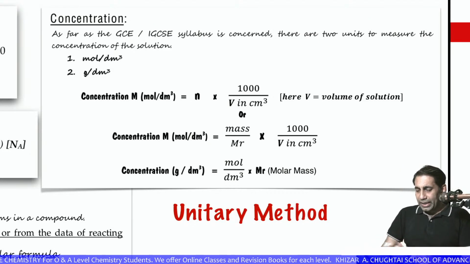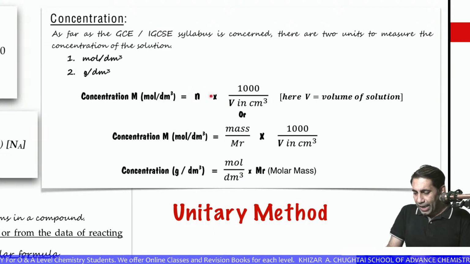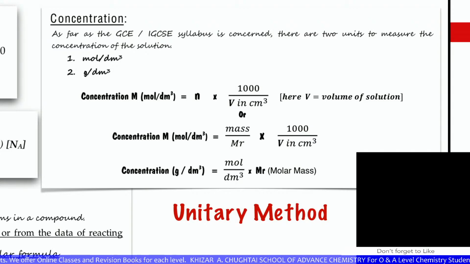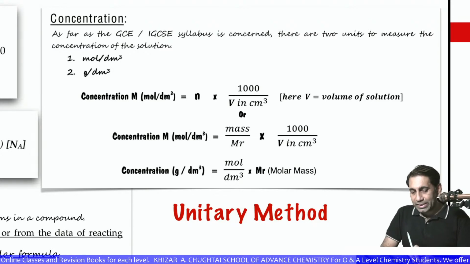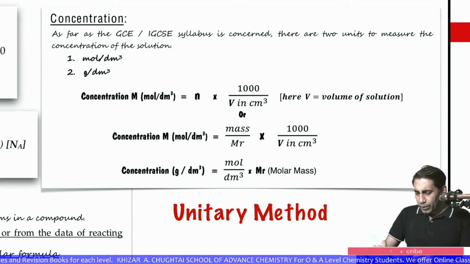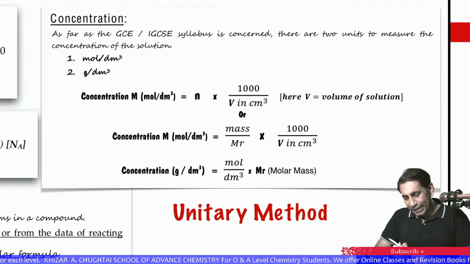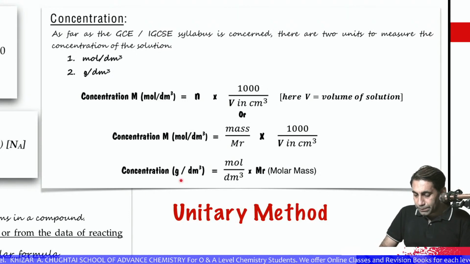The second one is, I'm going to expand the number of moles, N, which is equal to mass over Mr, into 1000 over V, where the volume is in centimeter cube. And the last one, you can also find the concentration in grams per dm cube.